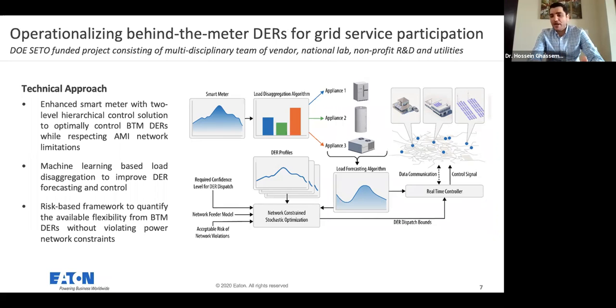Then the feedback to all the houses can be a pseudo pricing that represents all the limitations in the network as well as the opportunity of real-time market pricing. So with that, I'm closing my first slide here, and hopefully we can have more discussion in the Q&A.